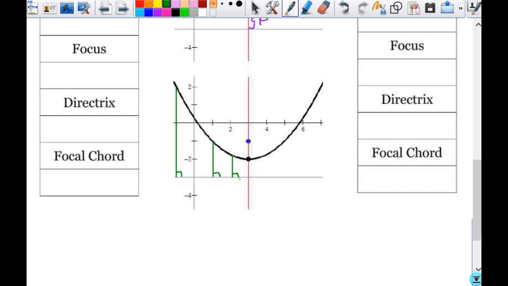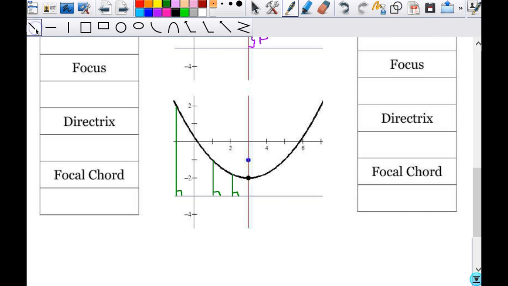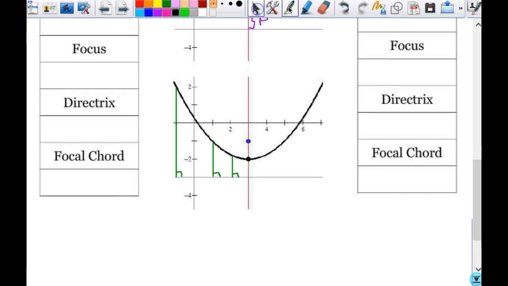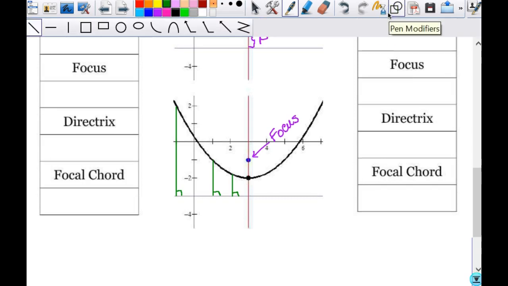So now what I also want you to do is, with your straight edge, connect the focus. Let's label the focus. This point right here is the focus, and it is always inside the curve. We're going to connect the focus to the points where it hit the parabola, like so.